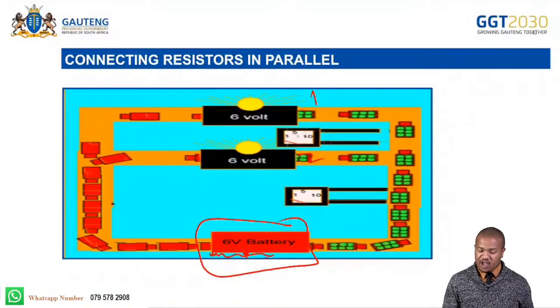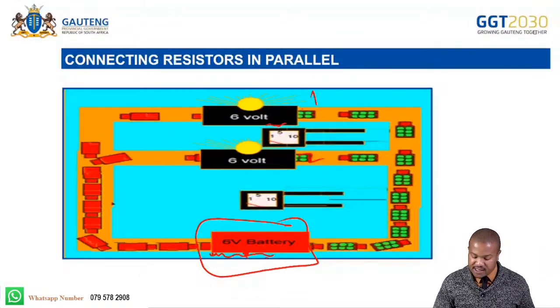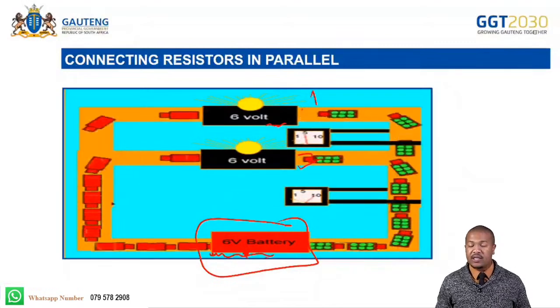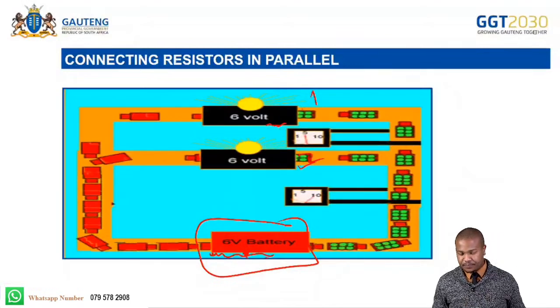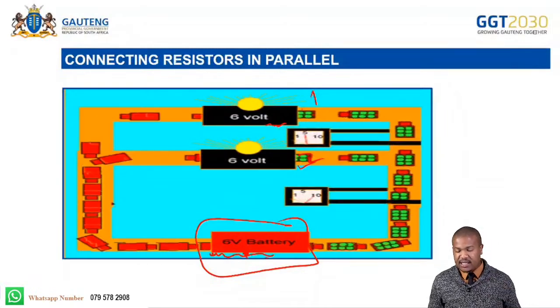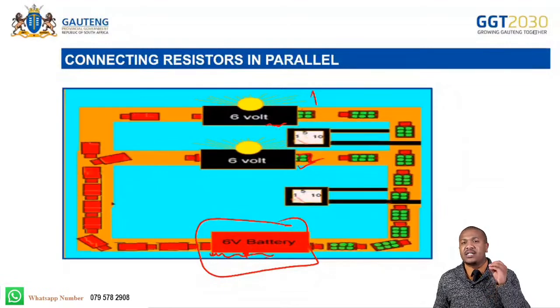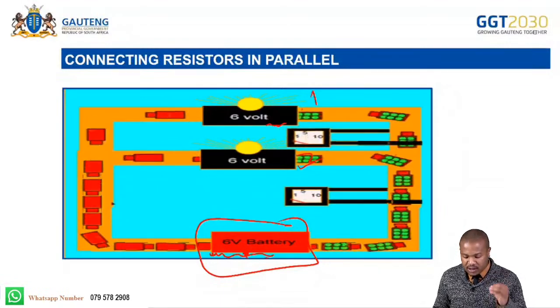Resistor 1 is 6 volts and resistor 2 also is 6 volts. So the voltage is the same across each resistor.